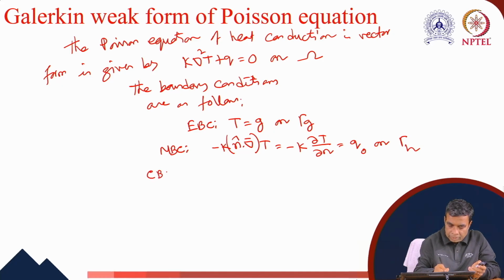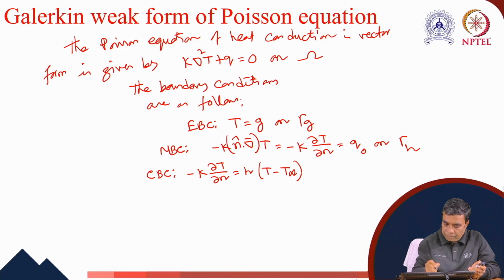The CBC or convective boundary condition: minus K del T del N equals to H into T minus T infinity, on gamma C, and finally the radiative boundary condition RBC: minus K del T del N equals to epsilon sigma T to the power 4 minus alpha Q bar double dot.